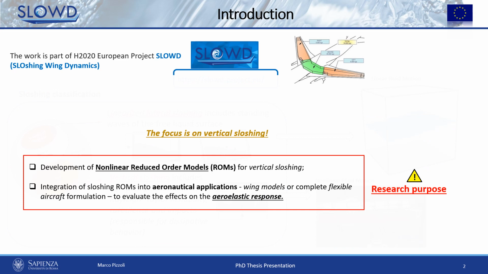In my work, I have mainly focused on the study of the second type of sloshing, with the goal of identifying a nonlinear reduced order model to be later integrated into aeronautical applications in order to evaluate the effect of vertical sloshing on the aeroelastic response.